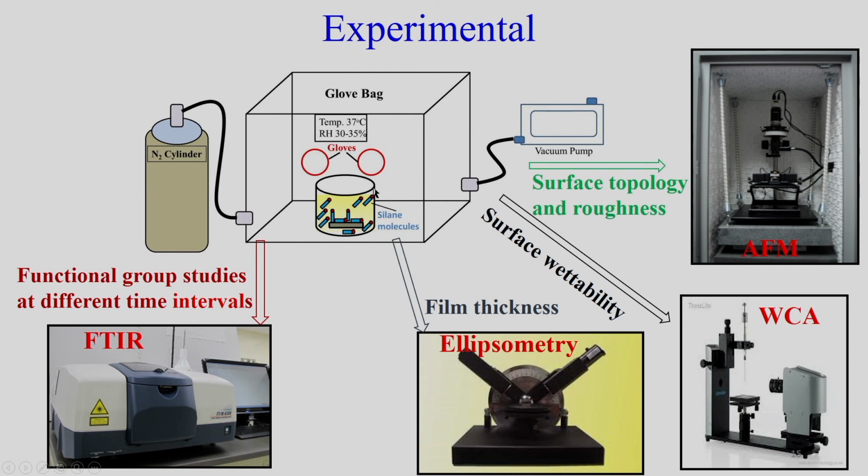After surface modification at different time intervals, we can analyze the surface roughness using AFM. We can analyze the surface wettability or contact angle using a goniometer. The surface thickness can be analyzed using ellipsometry and the surface functional groups are analyzed using FTIR spectroscopy.